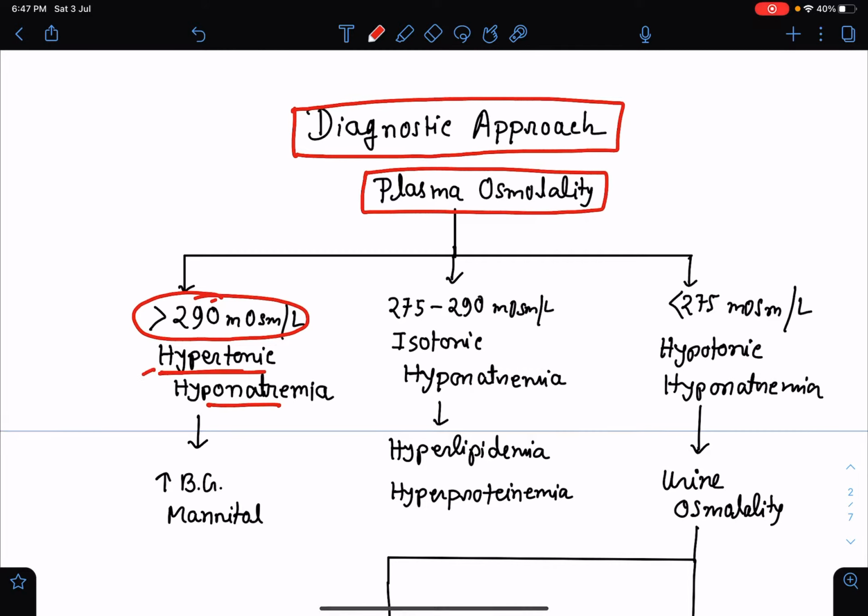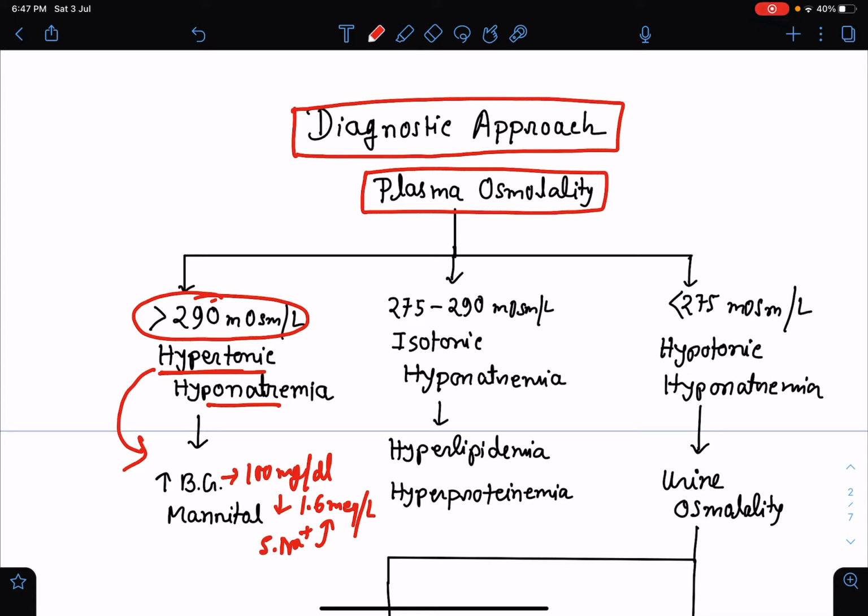The causes of hypertonic hyponatremia can be an increase in blood glucose level or use of mannitol. It has been seen that per 100 milligram per deciliter increase of blood glucose results in lowering of serum sodium by 1.6 milliequivalent per liter, when the glucose level is above 100.